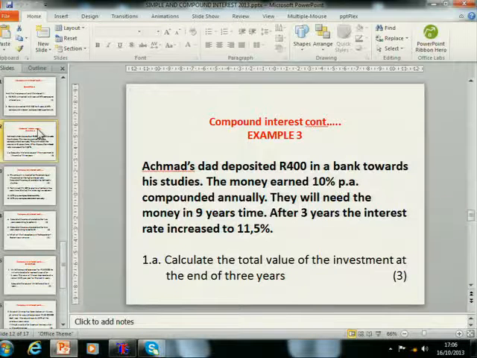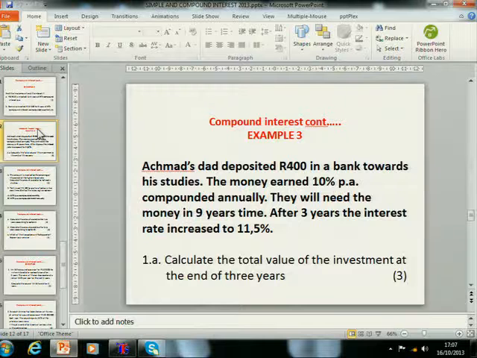And then after 3 years, the interest rate increased to 11.5%. What it simply means is that for the first 3 years, we're going to use 10%. So now the information that we have there is that the principal amount will be 400, the interest rate will be 10%, and then our N will be 3.